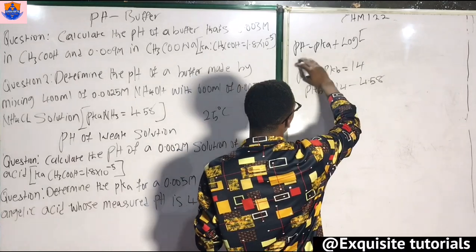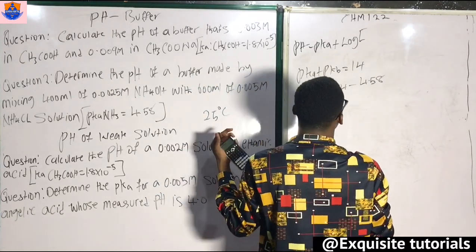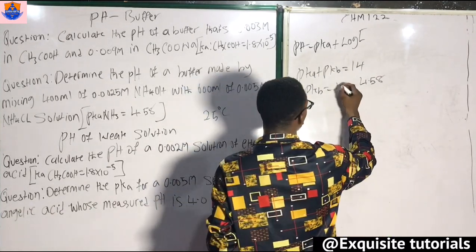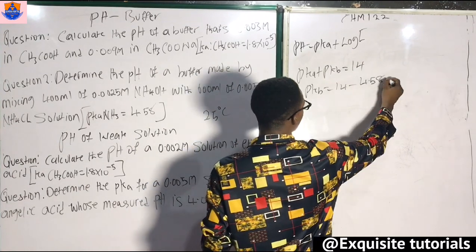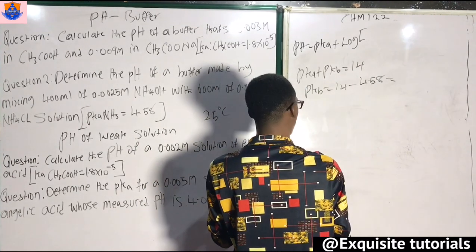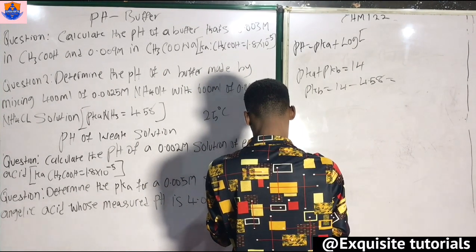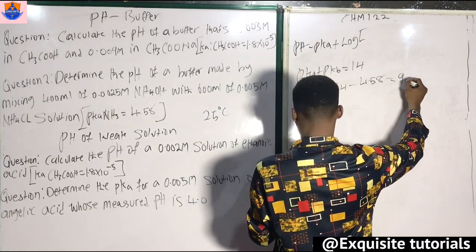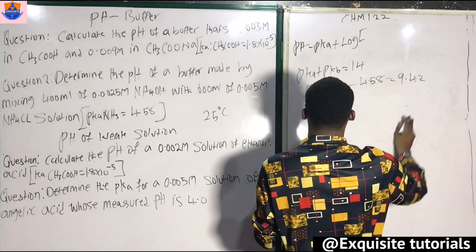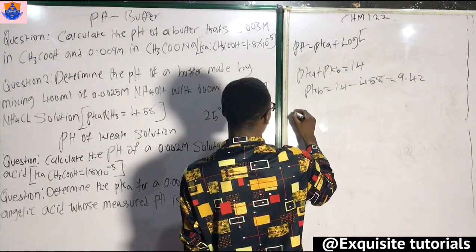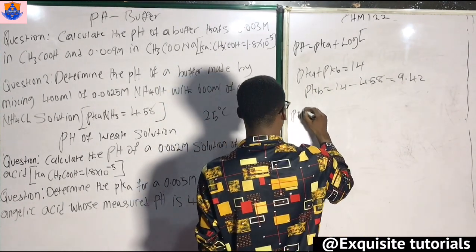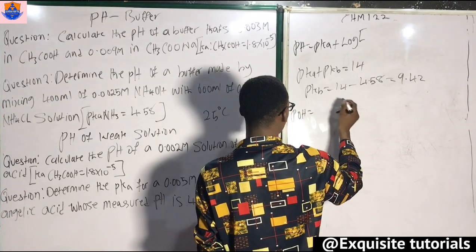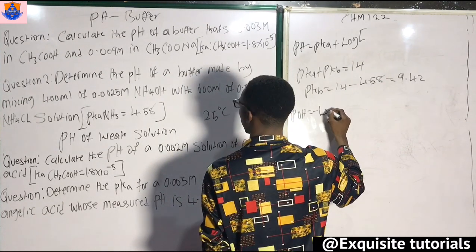We can still use this formula, but let's make it true. So we have pKb, which is equal to 9.42.